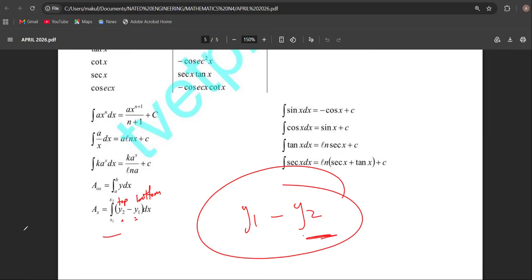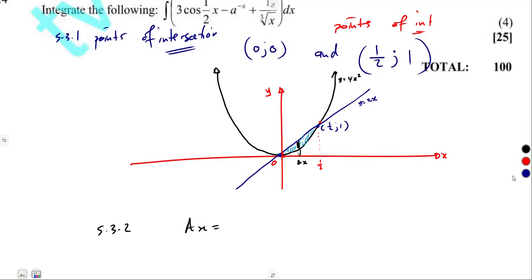So top minus what? Top minus bottom. So that is what you're going to have. That is the integral of y2 minus y1 according to our formula sheet with respect to x, from x1 to x2. Those are the limits a and b, or you can write it as x1 and x2 according to our formula sheet.